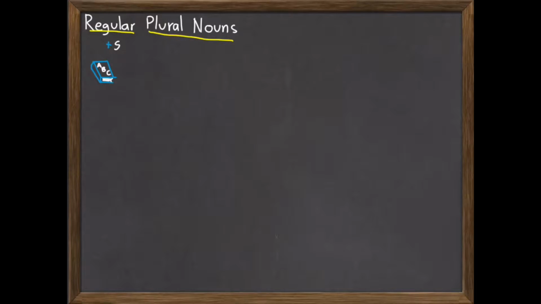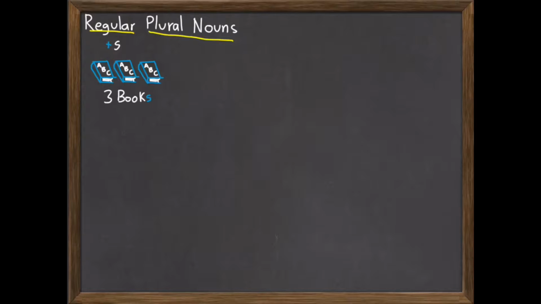With regular plural nouns, you will add an S at the end most of the time. Here we have a book. One book. But if we have more books, we would add an S at the end and say 3 books.